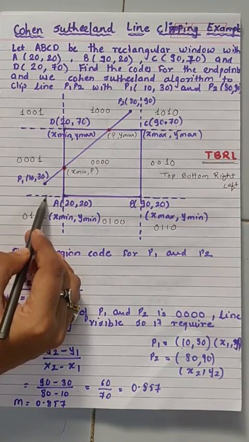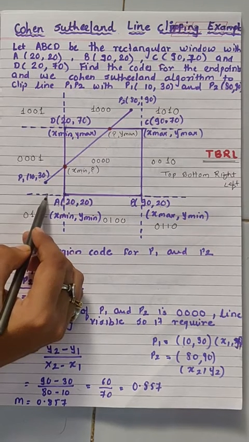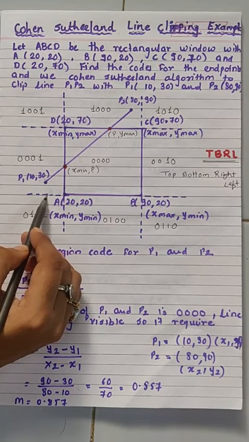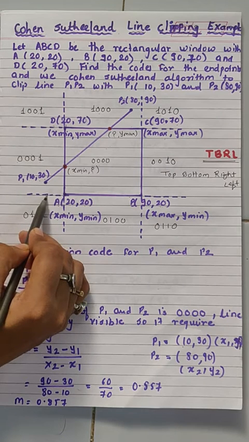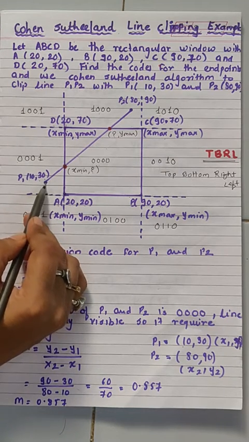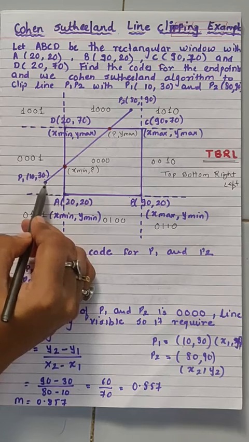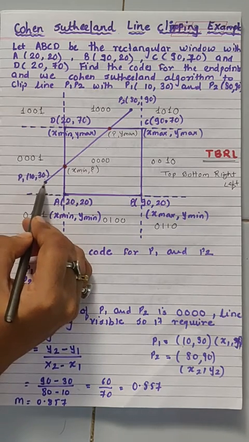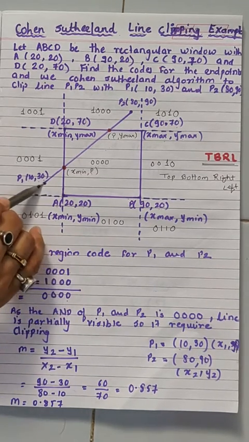Somewhere here the x point is going to lie for P1, and the y coordinate for P1 is given as 30. So the 30 will be somewhere here. We get P1 as 10, 30 somewhere here, which is outside of the window.